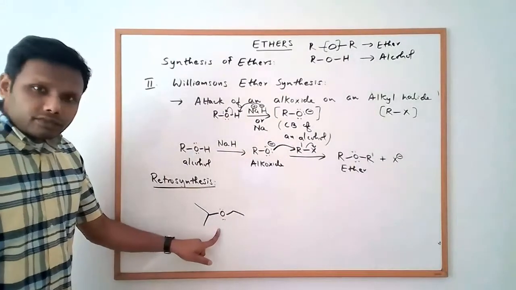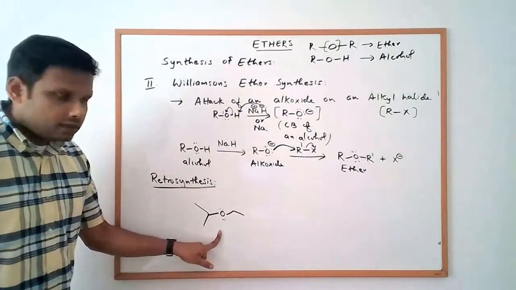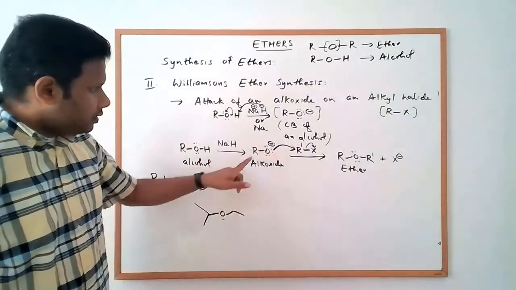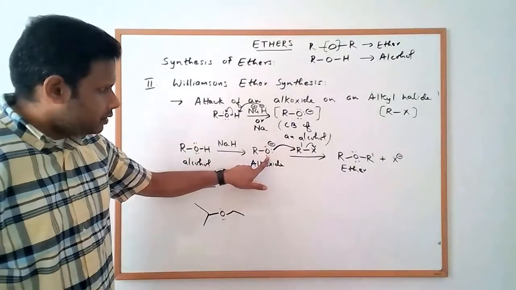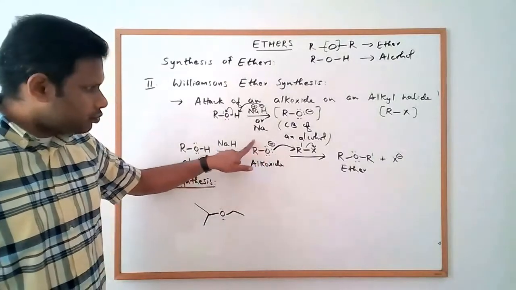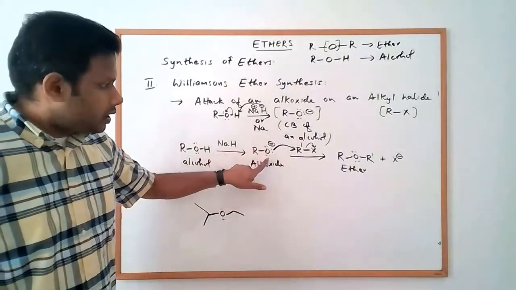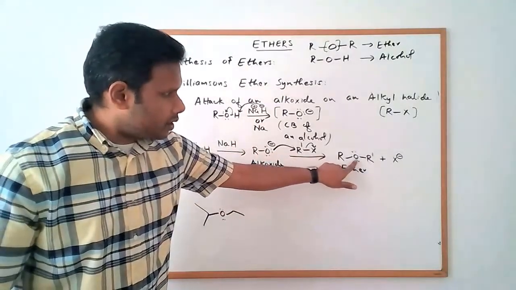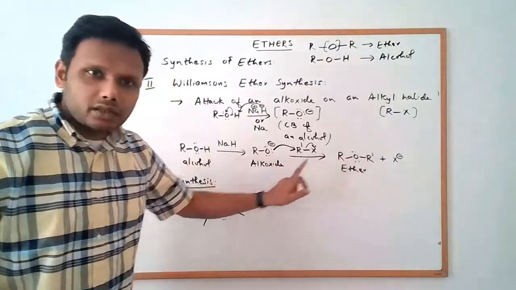Now, as far as this ether is concerned, look at the mechanism here. The alkoxide, which contains one of the R groups, attacks an alkyl halide to give us the product ether, so that the oxygen is between the two alkyl groups.